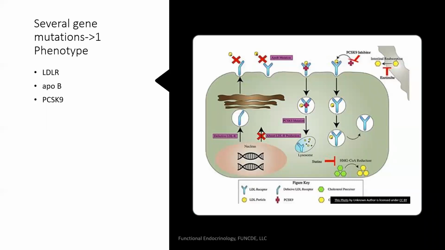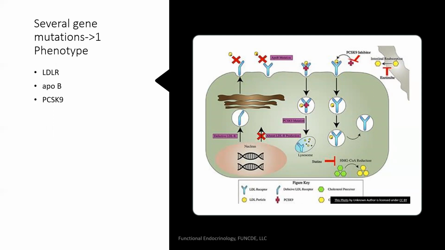There is an abnormality, and it could be either at the level of the LDL receptor, or at the level of the actual LDL particle, or at the level of a different place called PCSK9. That's where one of our medications works. And as a result, we will have exactly the same picture.